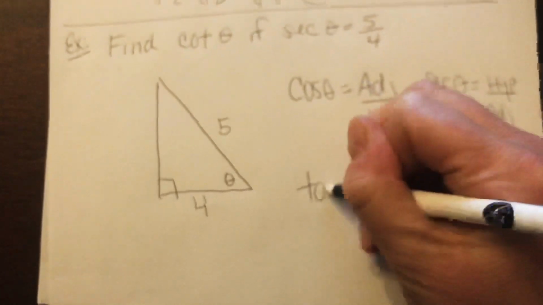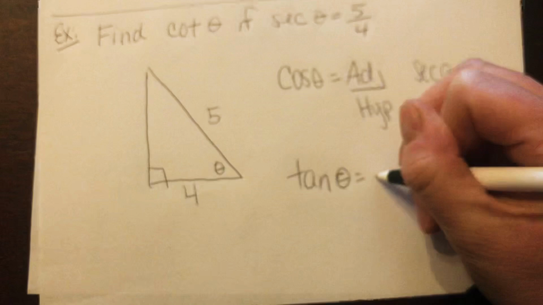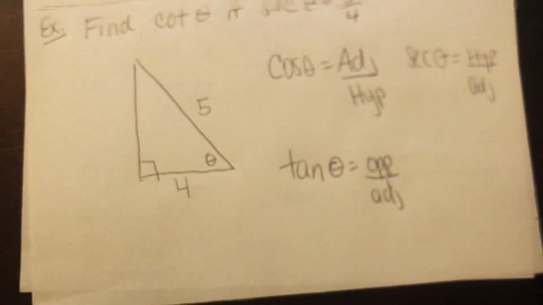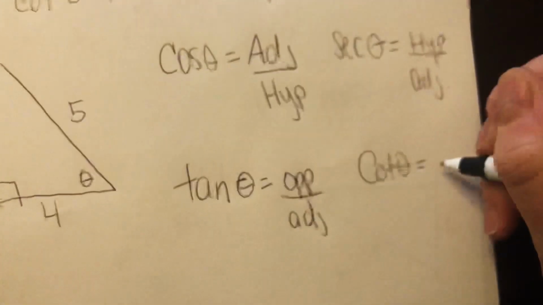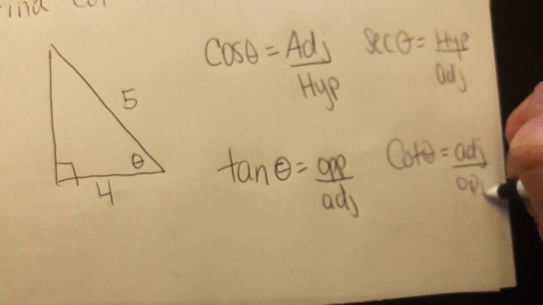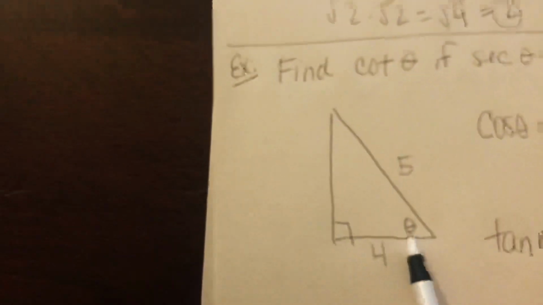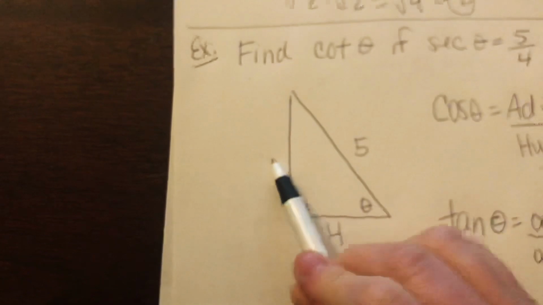Well, tangent would be opposite over adjacent, right? So cotangent is going to be adjacent over opposite. So if I want the cotangent of this angle, I have adjacent over opposite. So I'm going to need this side.